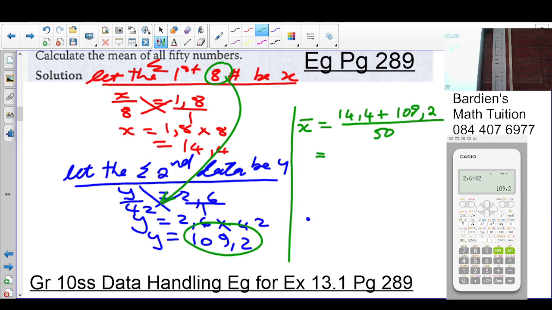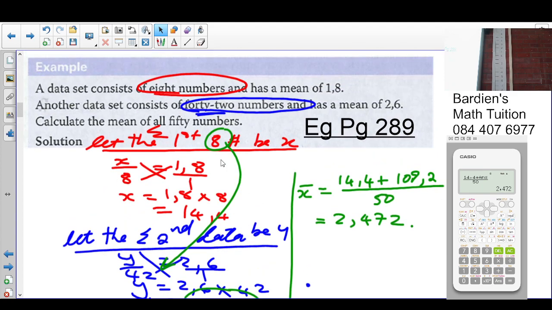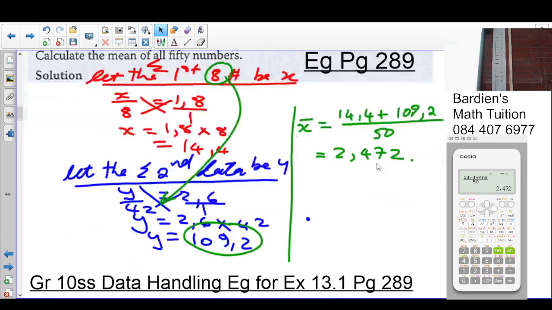So we put that in the calculator: 14.4 plus 109.2 divided by 50. That gives us an answer of 2.47. People, you guys understand? It has to be between those two values, of course.